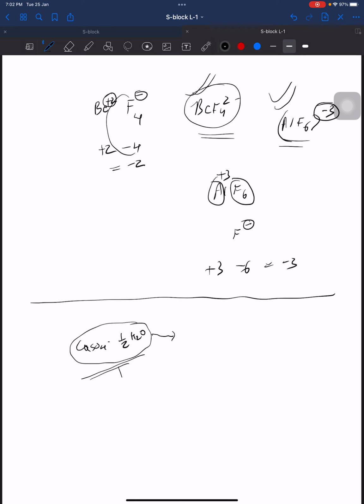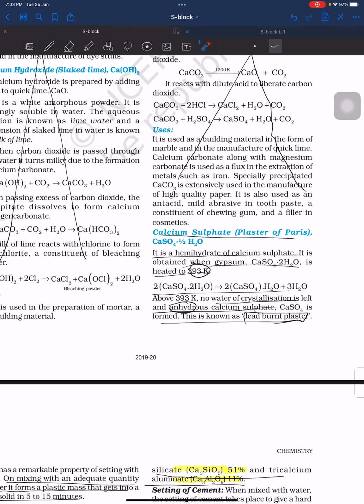So this essentially means that for every two calcium sulfate units, there is one water molecule attached. So for every one, effectively we write it as half. So this means calcium sulfate hemihydrate, right?